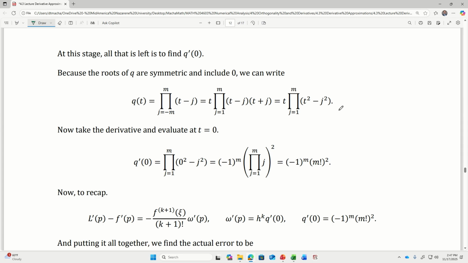And then we can multiply this, and if you FOIL, t minus j times t plus j is t squared minus j squared. And taking the derivative of q with respect to t and then plugging in t equals 0 looks like this. Imagine taking the derivative with the product rule here again, but if I take the derivative of t and leave all of the other factors alone, I get this.